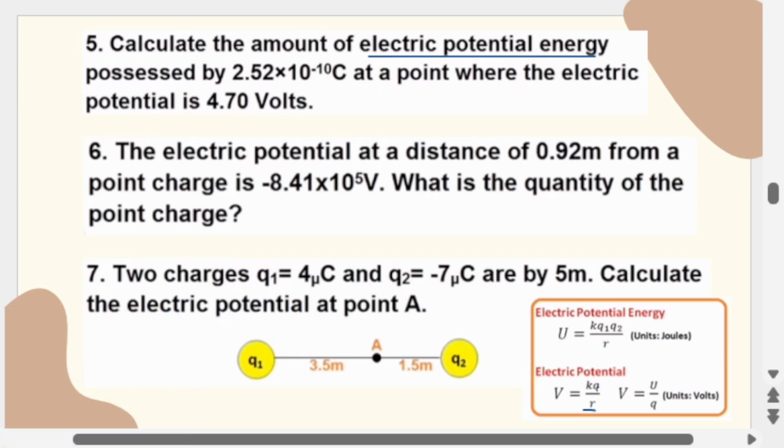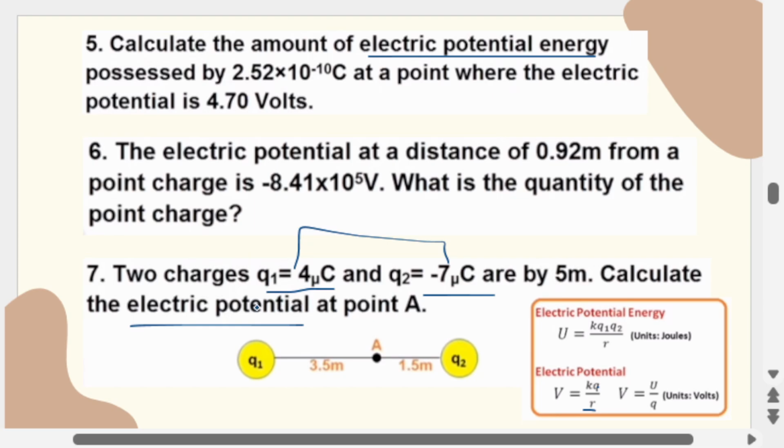Q1 has a charge of 4 microcoulomb and Q2 has negative 7 microcoulomb. We're talking about electric potential here.